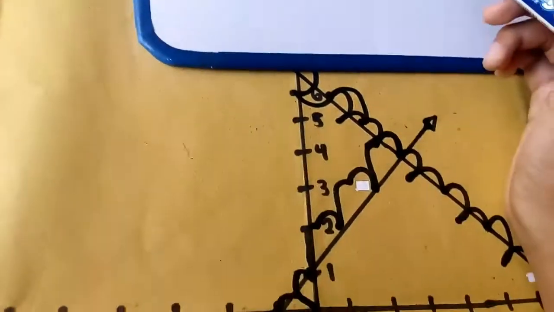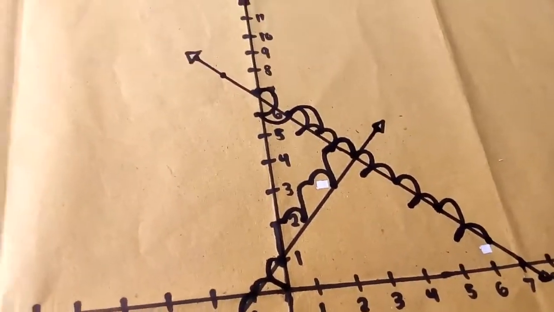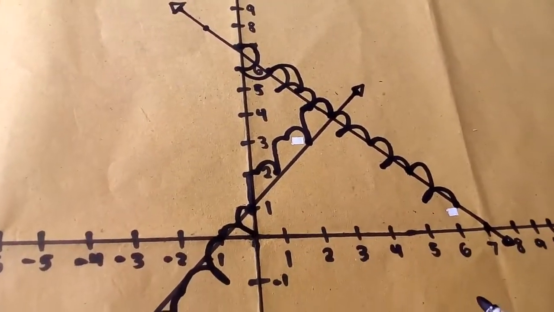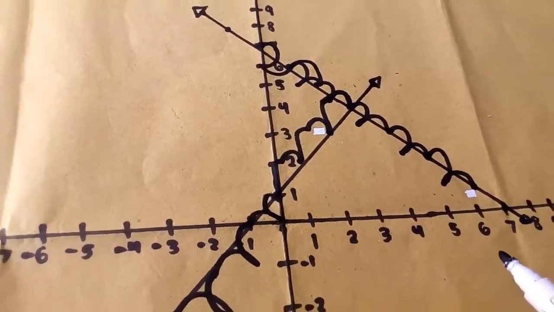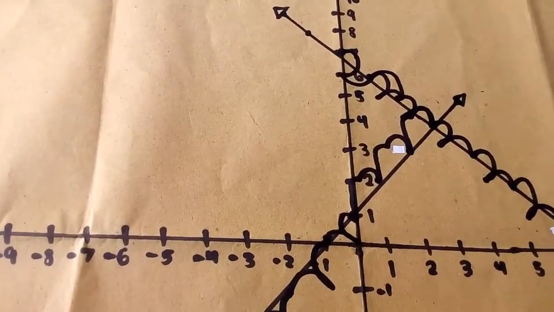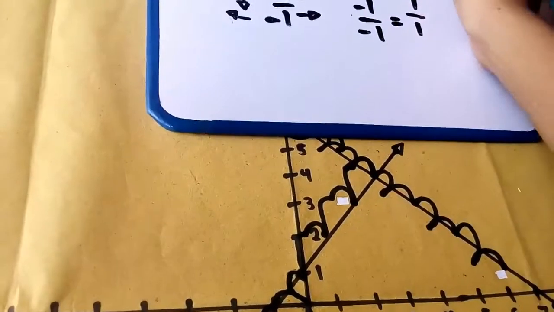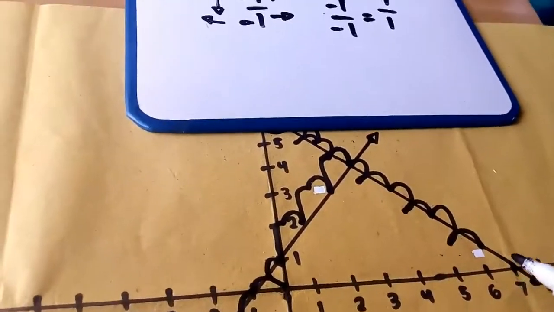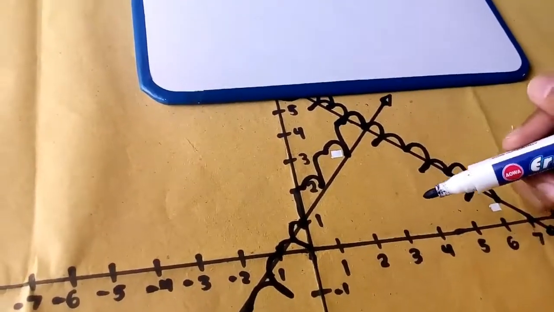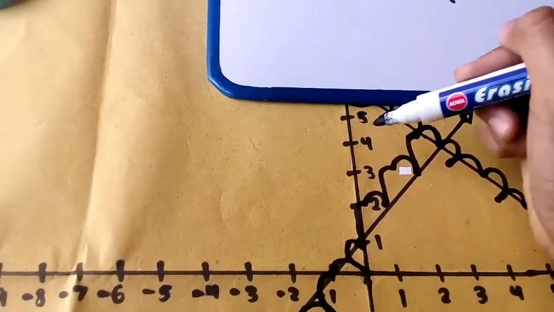But we are trying to graph to find the solution for both equations. Now, when you have already graphed it, the solution is easy to find, since the solution for the system is the point of intersection, which is 3, 4.